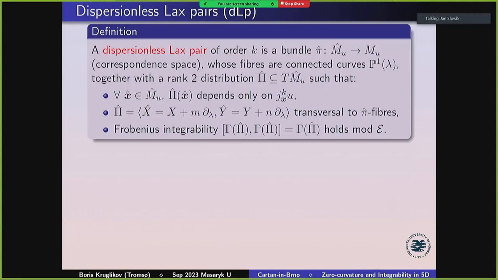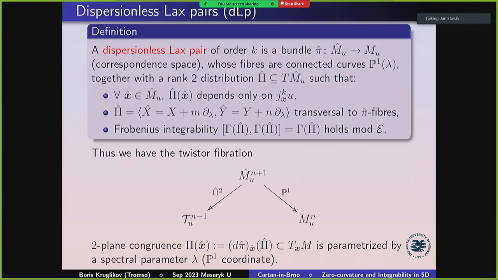And most importantly, this rank 2 distribution actually is Frobenius integrable on equation. So as physicists say, on shell. So if I assume f equal to 0, then I can derive this differential constraint, some number of equations, from f equal to 0. And only a finite number of objects are involved, so it generates some algebra.